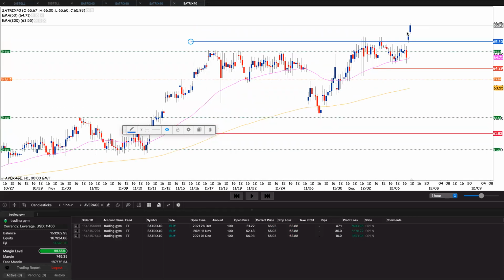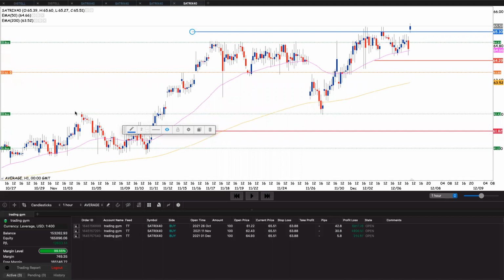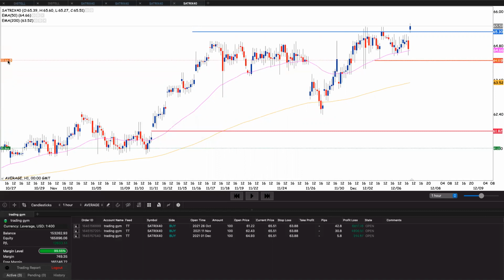So it held that level there, didn't respect it when it came back to it. So I would have done it immediately here, but I didn't expect that much of a gap. So now raise it to 64.29.